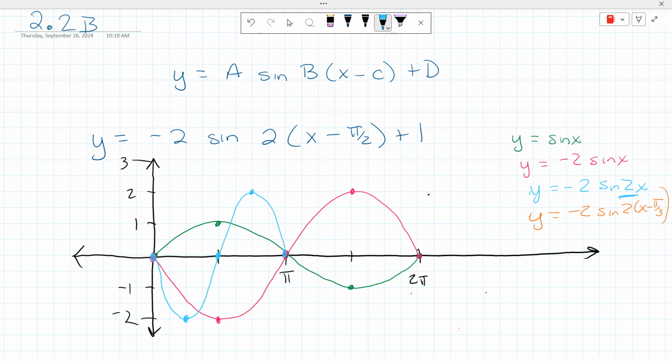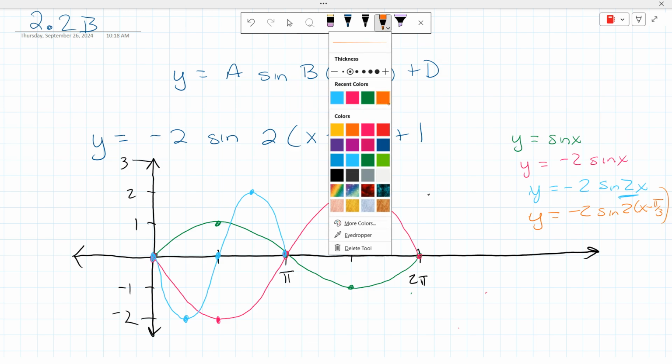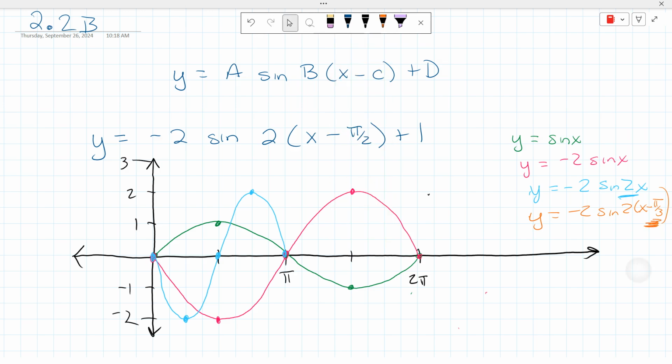And then we have a minus pi over 3 going on here. What does that do to it? It's a phase shift, so it shifts it which way, right or left? Right by pi over 3. Oh, it's pi over 2.